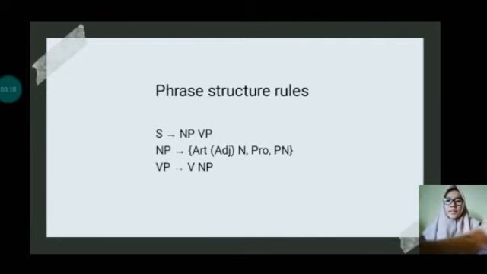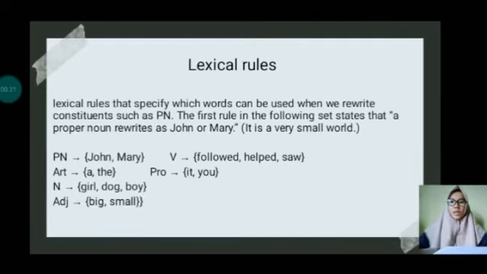And the next material is about lexical rules that specify which words can be used when we rewrite constituents such as PN, proper noun. The first rule in the following set states that a proper noun rewrites as John or Mary.